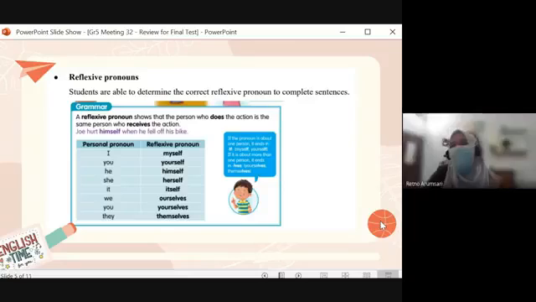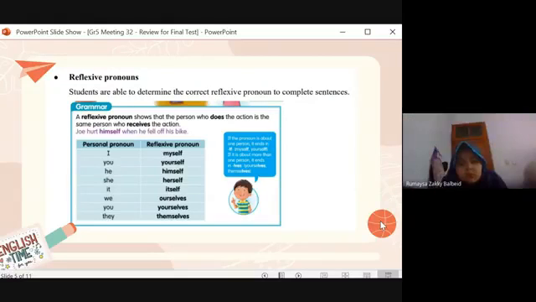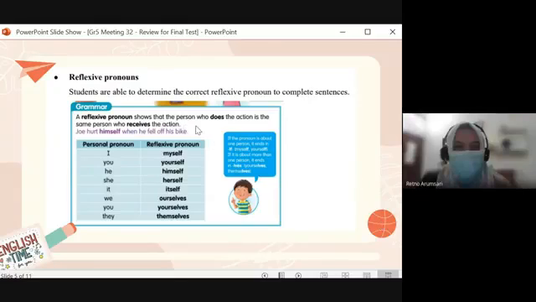Like, I hurt myself. Instead of I hurt me, I say I hurt myself. I accidentally hurt myself, like that. So a reflexive pronoun shows that the person who does the action is the same person who receives the action.